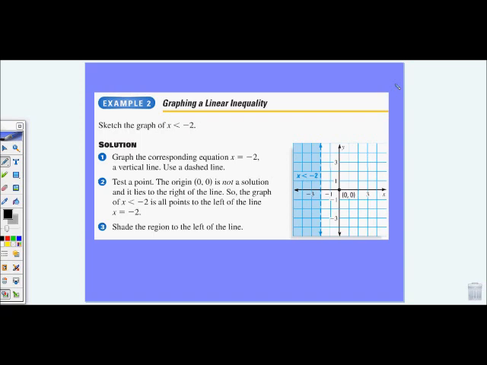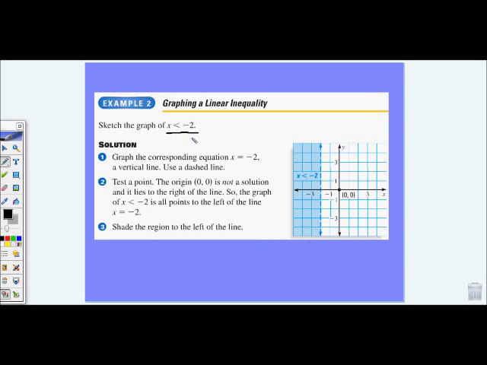Continuing with how to graph a linear inequality, when you find the solution to the inequality, as in right here, x is less than negative 2, you'll notice you cannot just use the number line any longer. So a couple things I'll point out. All of the rules are stated here. This is straight from the book.